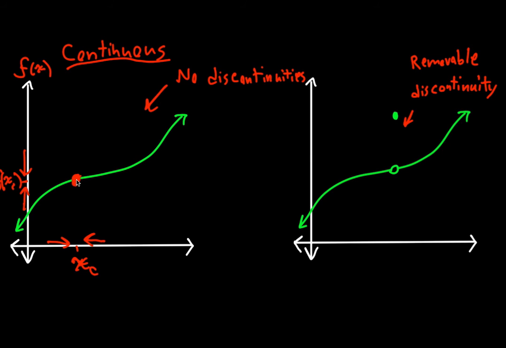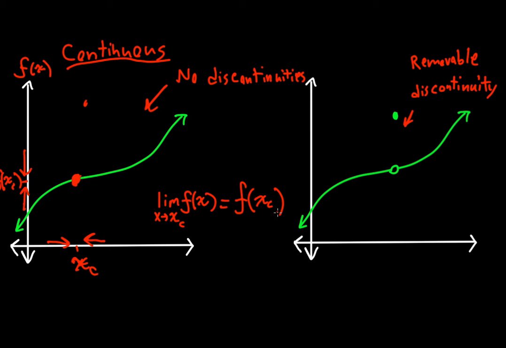It's defined. So the limit, how are we going to define this? The limit, oops, the pen does not want to write. There it goes. We're going to say the limit of our function f of x as x gets closer and closer to some value, well, let's call it x sub c, is going to be equal always to the function at that point.